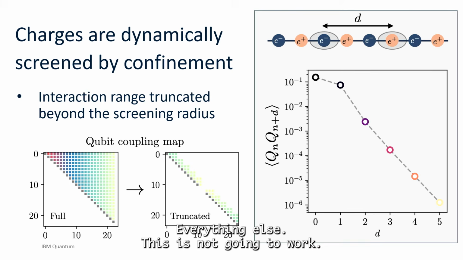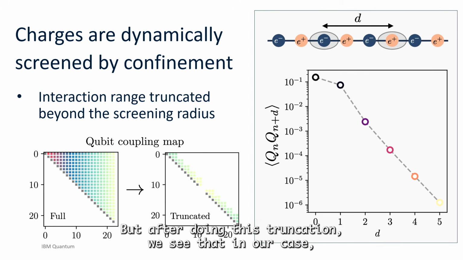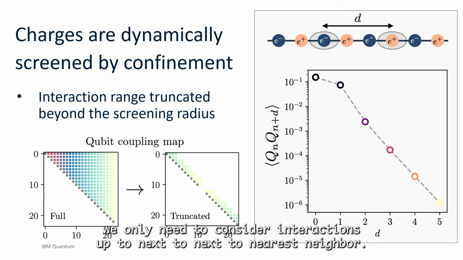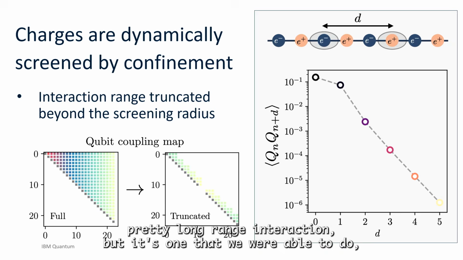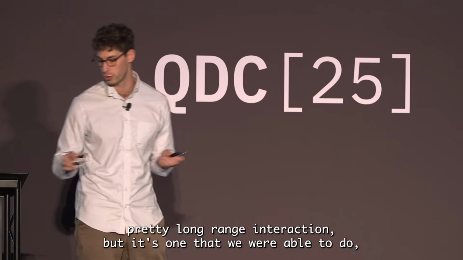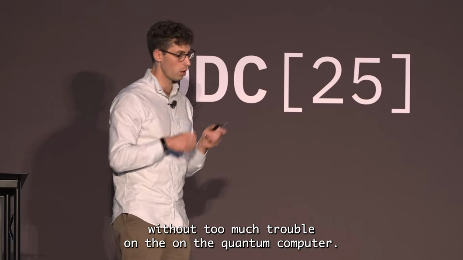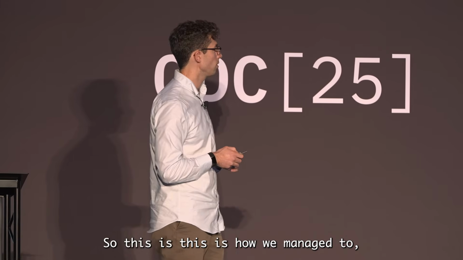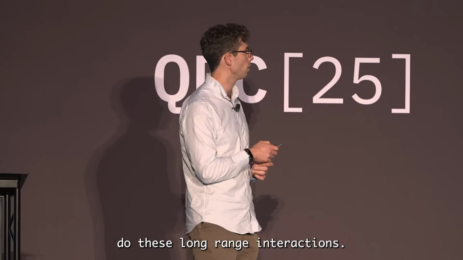This is not going to work. But after doing this truncation, we see that in our case, we only need to consider interactions up to next to nearest neighbor. So it's still a pretty long-range interaction, but it's one that we were able to do without too much trouble on the quantum computer. So this is how we managed to do these long-range interactions.